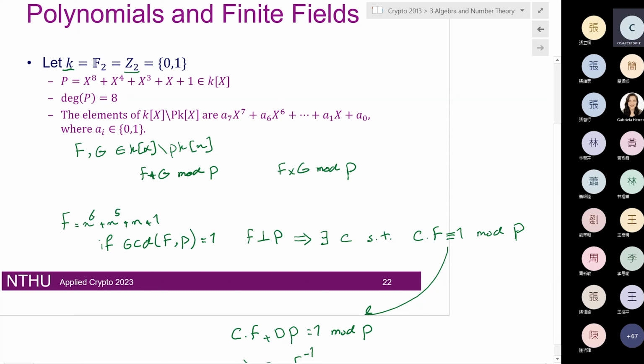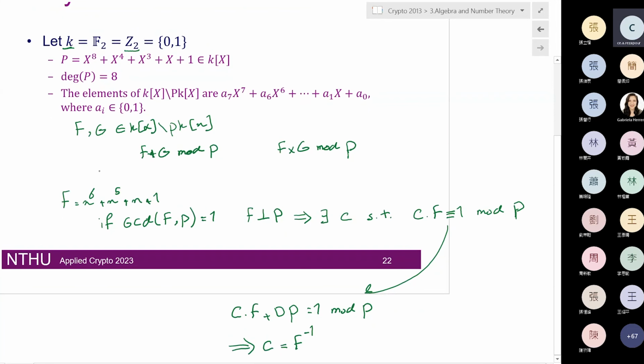So for example, over here, x6 plus x5 plus x plus 1 is the encoding. If you want to encode this one into binary, I'm sorry, it's going to be 1, 1. The bit 2 is 0. The bit 4 is also 0. As well, 1, 2, 3, 4, 5, 6, and 7, right?